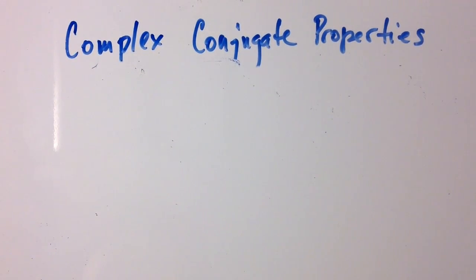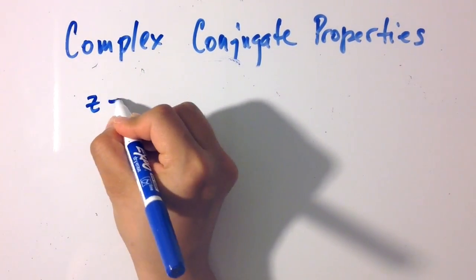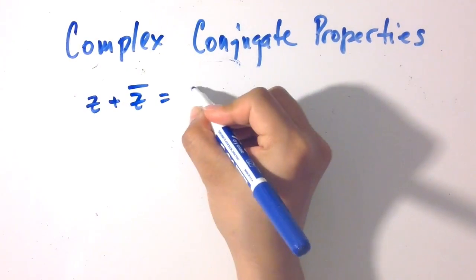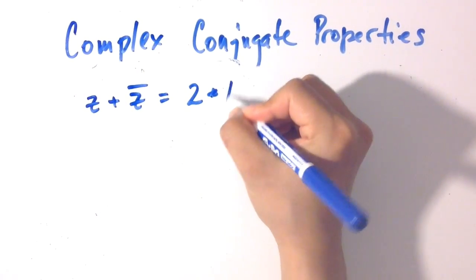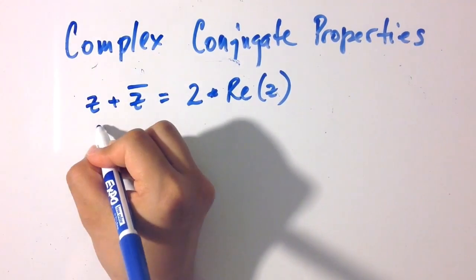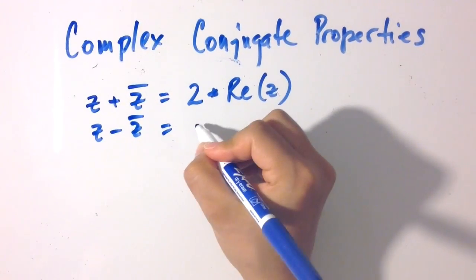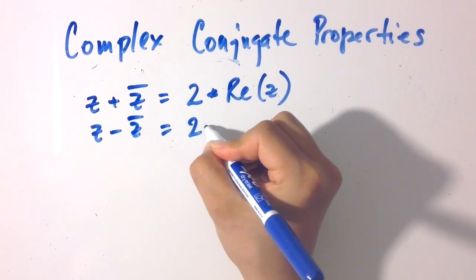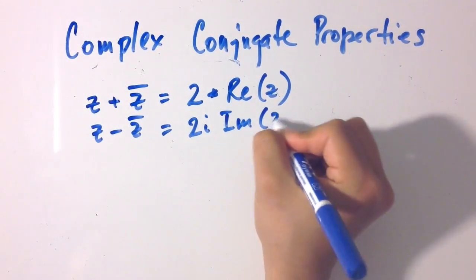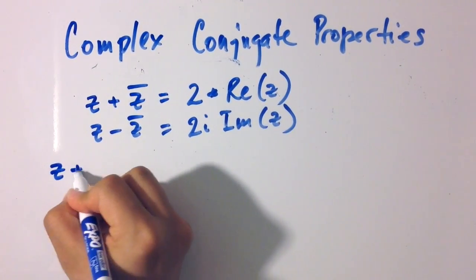Some of the really useful properties of complex conjugates are that the sum of z plus its complex conjugate is equal to 2 times the real part of z. And the difference of z and its complex conjugate is equal to 2i times the imaginary part of z. These relationships are easy to see.